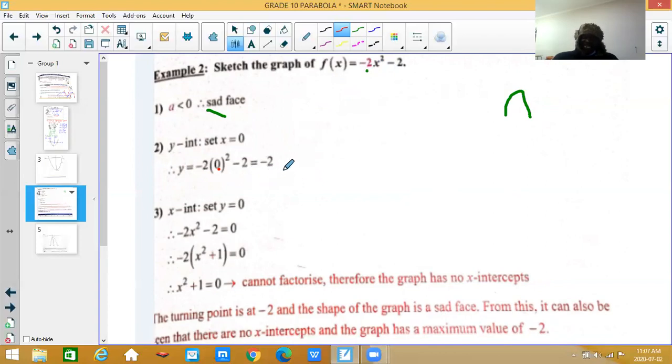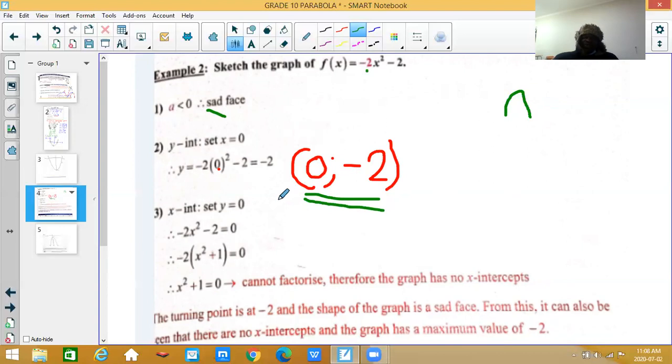And hence, for the y-intercept, the x value is 0 and the y value is negative 2. So the coordinates of the y-intercept are (0, -2). These are the coordinates of the y-intercept. Is that clear to you all?